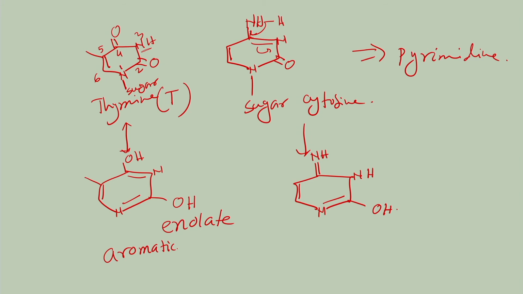Similarly, if you look at the purine bases, that is adenine and guanine. Adenine is a 6-membered ring fused with a 5-membered ring. Here there is one nitrogen and another one here.